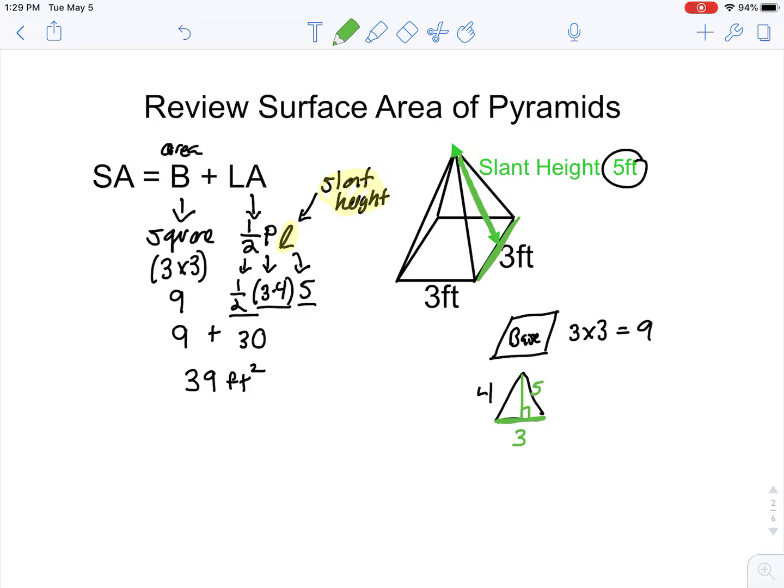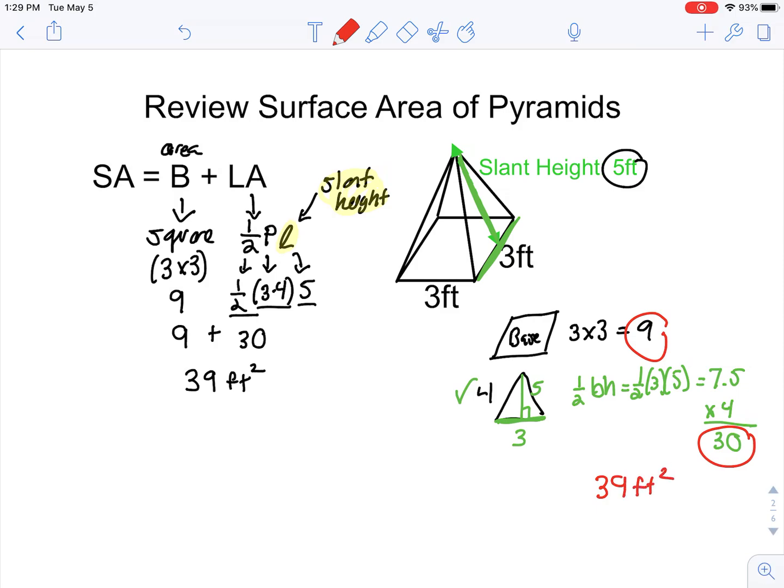Here was that base, and here was that height. And to find the area of a triangle, we do 1/2 base times height. So 1/2 times 3 times 5 gives us 7.5. Since there are 4 triangles, when we multiply that by 4, we get 30. Once again, we have a surface area of 30 plus 9, which is 39 feet squared.